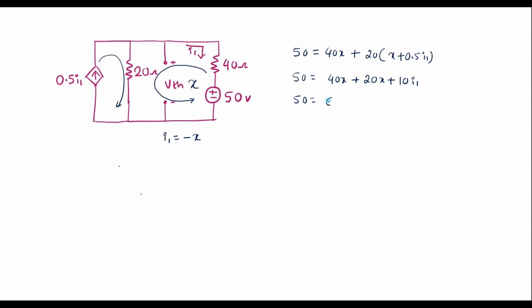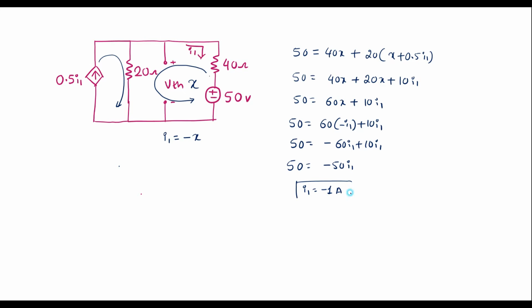So 50 is equal to 60X plus 10 I1, or 50 is equal to 60 into minus I1 plus 10 I1, or 50 is equal to minus 60 I1 plus 10 I1, that is 50 is equal to minus 50 I1, therefore I1 is equal to minus 1 ampere. So we found the current I1, that is minus 1 amp.